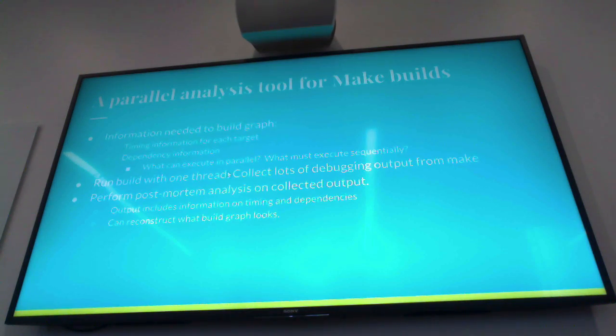I take that output from the build and parse it to determine what the build graph looks like, what the dependencies are, and also how long it took to build each target in the graph. So by doing this post-mortem analysis, I can build a graph and then calculate work and span and so on.